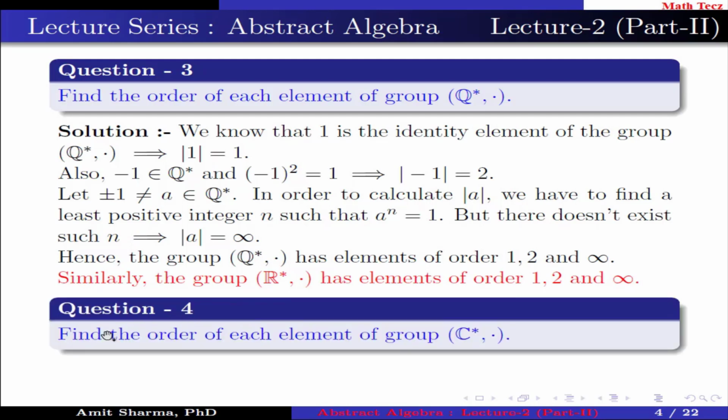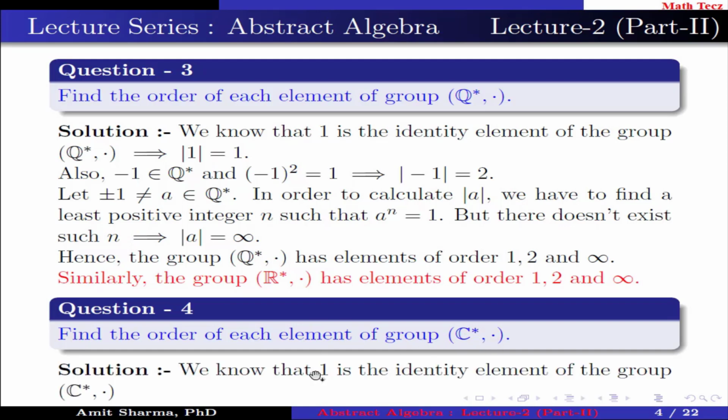Question number 4. Find the order of each element of group C star under multiplication. We know that 1 is the identity element of the group C star under multiplication, implies order of 1 is 1.